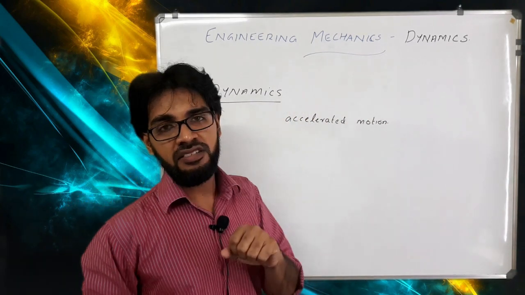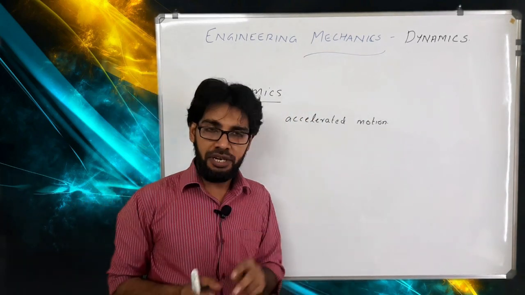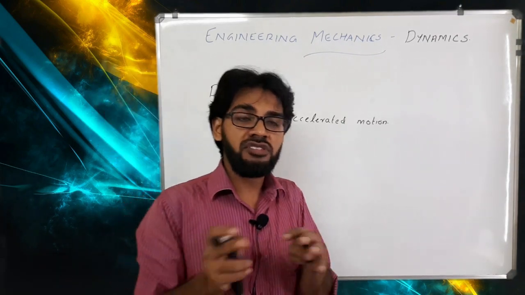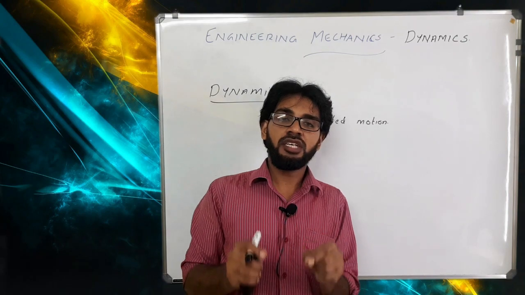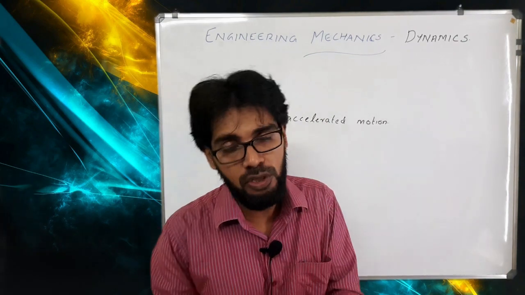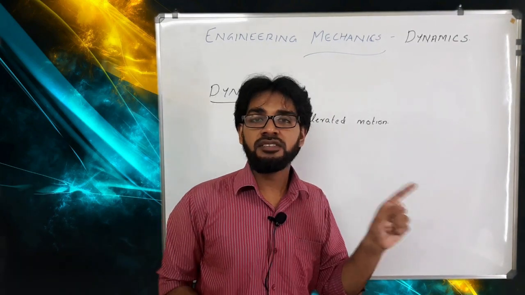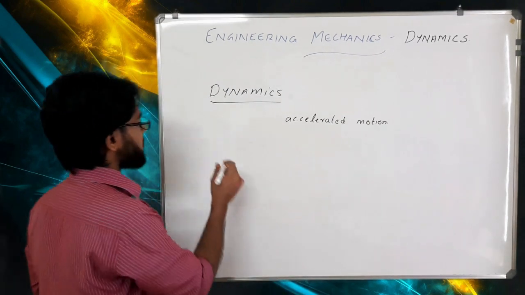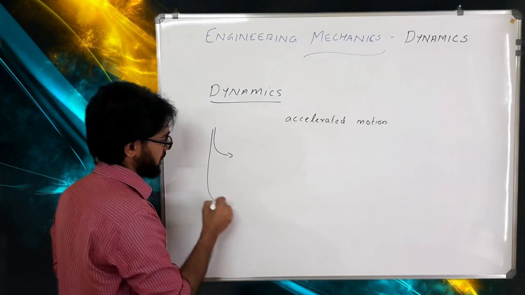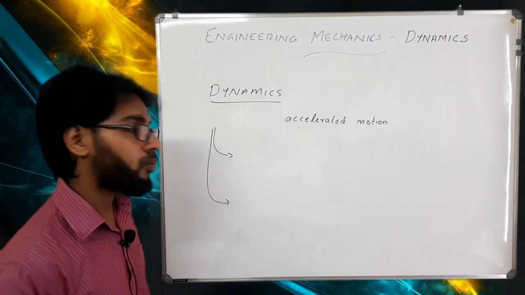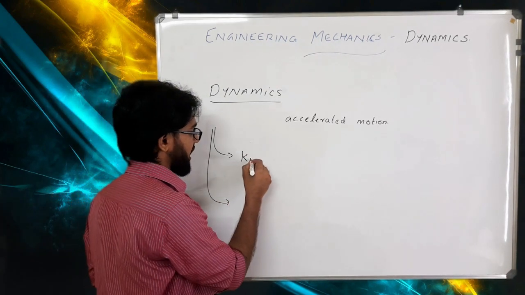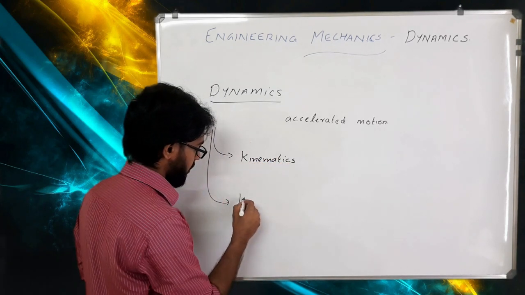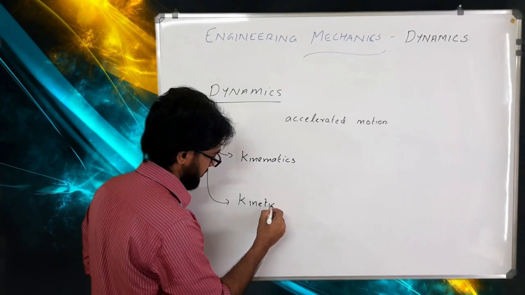Because in statics, if a body is at rest or moving with constant velocity, the net resultant force acting on that body is zero. In dynamics, that is not the case. Now, dynamics is usually studied in two specific branches. One is kinematics and the other is kinetics.